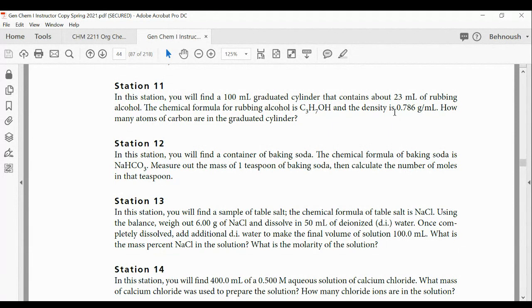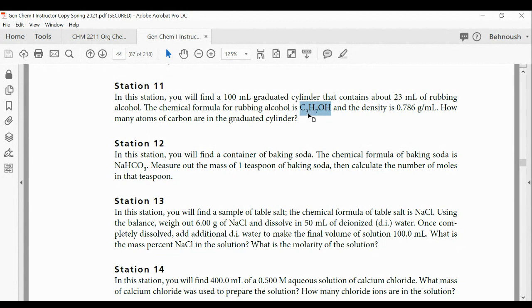Density is provided, so you can calculate that before. And then it's asking for number of atoms of carbon. So when you find number of molecules of propanol, you need to multiply by 3 in order to get the number of carbon atoms, because per molecule you have 3 carbon atoms.